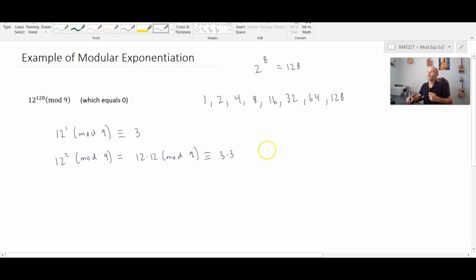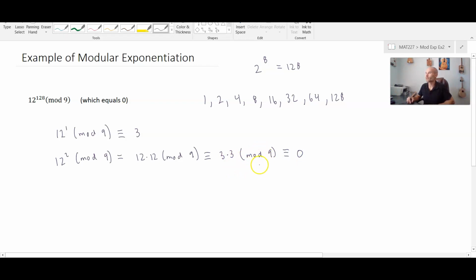Now 3 times 3 is 9, so this is equal to 9 here, and therefore I can still mod it with 9, again, because we want to get a remainder which is less than our divisor. In this case, this is congruent to 0 because 9 goes into 9 exactly one time.